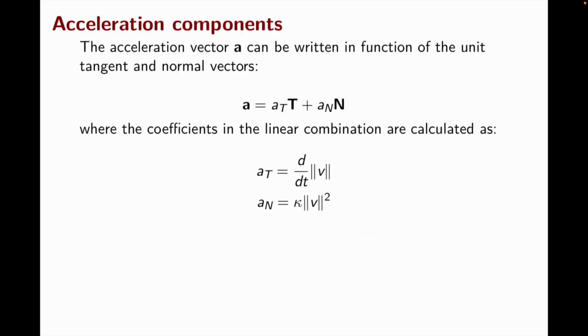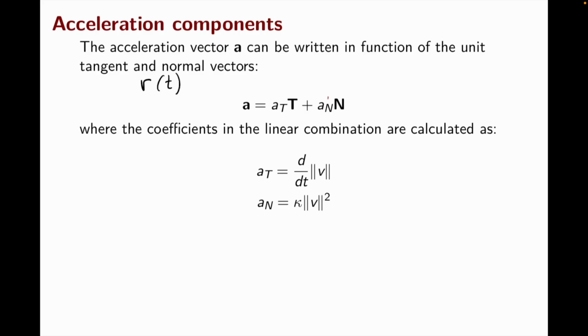The coefficient that we have to multiply to the tangent vector is the derivative of the norm of the velocity. And the coefficient multiplying the normal vector is the curvature multiplied by the norm of the velocity squared.